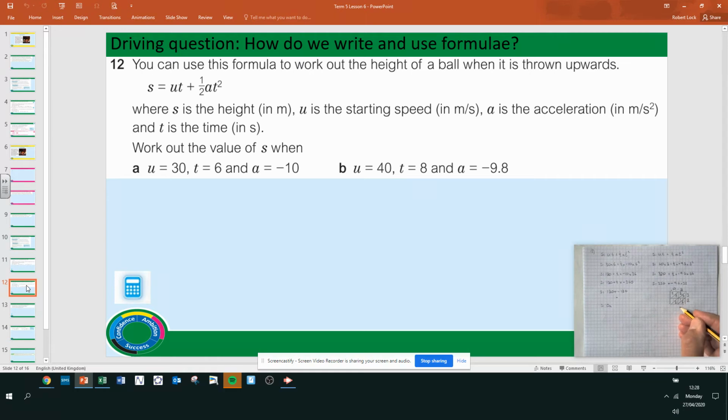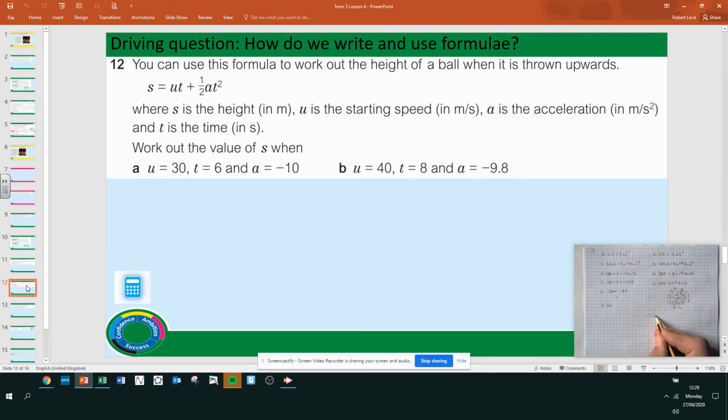Adding up: 4, 6, plus 8 is 12, plus 1 is 13. Put down the 3, carry 1. 1 plus 1 is 2, plus 7 is 9, plus 2 is 11. Put down the 1, carry 1. 1 plus 2 makes 3. The decimal place shoots through, so it comes out as 313.6. Remember, it's a minus.